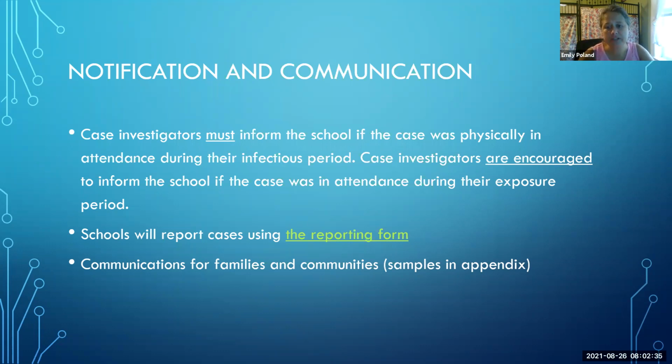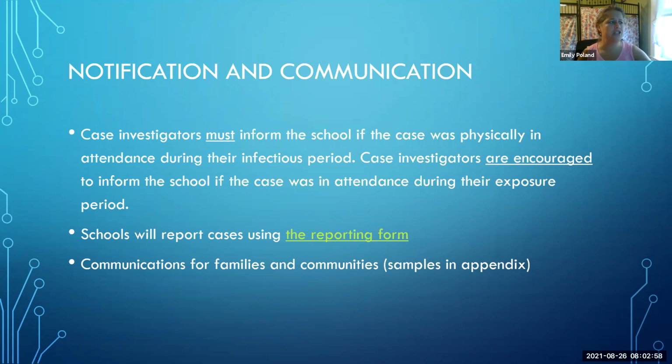The infectious period is the 2 days prior to either test or symptom onset. And the exposure period is actually 2 weeks before. That's where they could have been exposed to COVID. And schools will report using the case reporting form, as I've said.